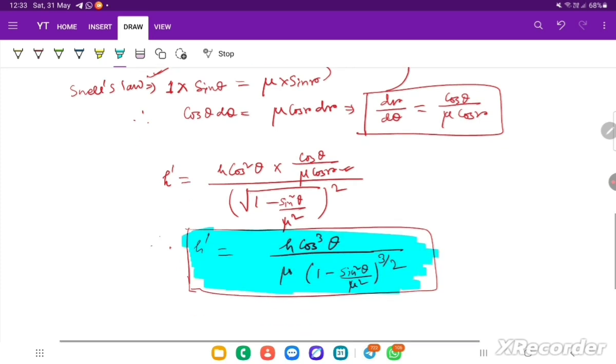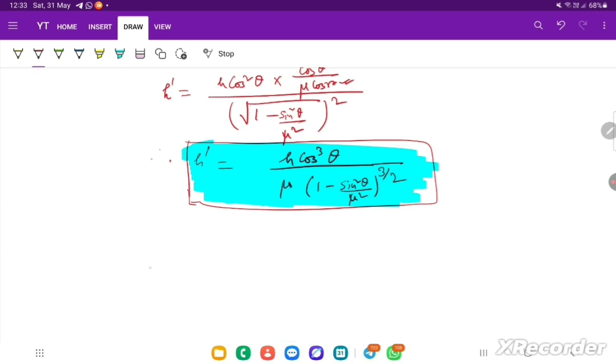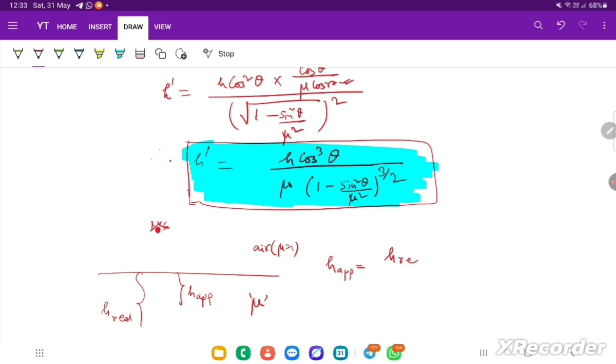And as I was telling, the most common formula that we used to use is, if this is the h real and this is the refractive index of the medium, and here let's say air is present, mu equals 1, so we use that this is the apparent depth. And for normal viewing, when you are viewing in the perpendicular direction to the interface, we write that apparent depth is real depth upon mu.